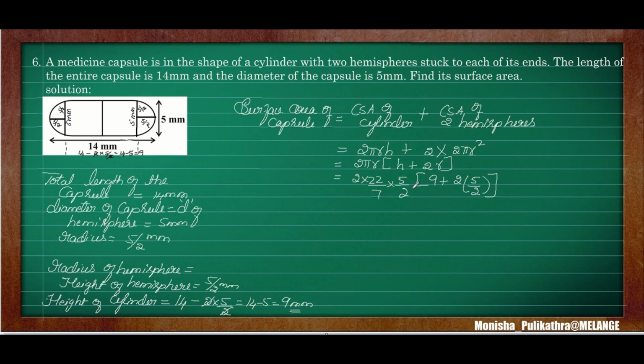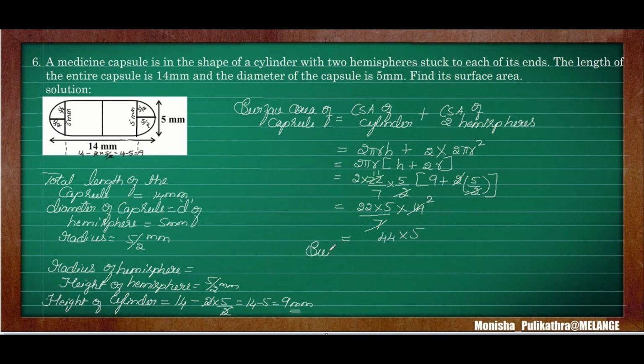Here the 2s cancel. The remaining will be 22 into 5 divided by 7, into 9 plus 5. So 9 plus 5 is 14. Here 7 ones are 7, 7 twos are 14. The remaining is 22 into 2, which is 44, into 5.